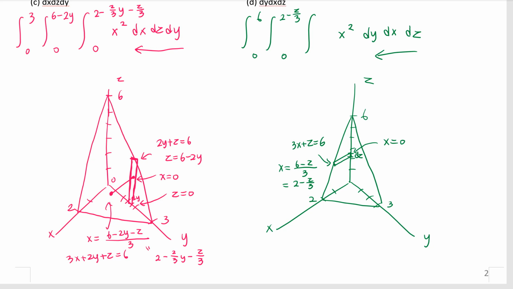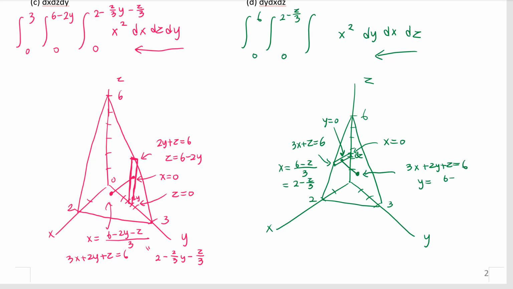Okay, what's next? Pick any point on the rectangle and imagine we're going in the y direction. So we go in the y direction. Here is where it intersects the plane. So let's see. Here, this is y equal to 0, but on the plane, we want to solve for y. So right, the plane is 3x plus 2y plus z equals 6. Solve for y in terms of x and z.